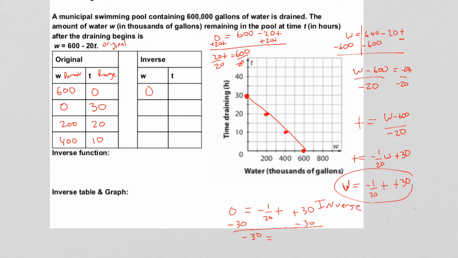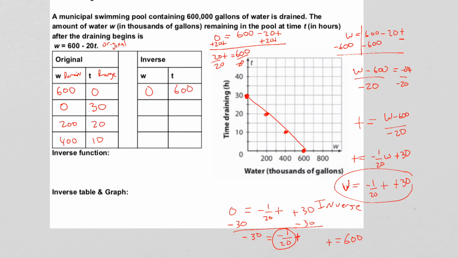And I might have lost some of you after all this work, but hopefully those of you that are still with me follow along. I have to divide it by negative 1 over 20, and that's going to wind up where t is equal to 600.